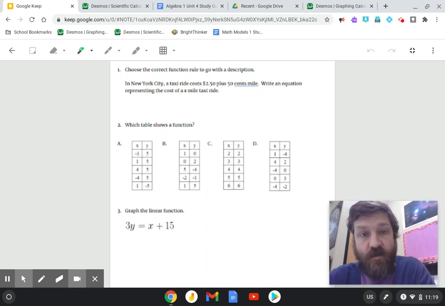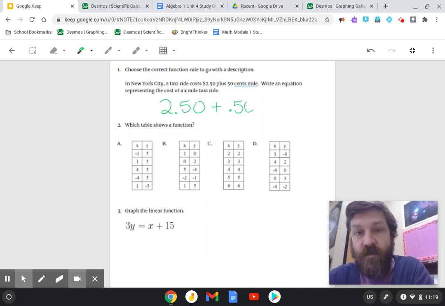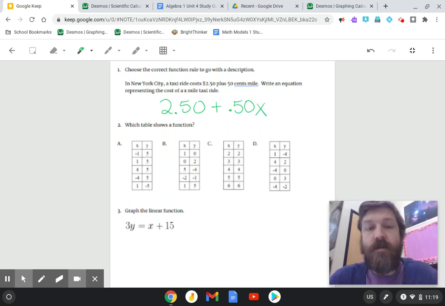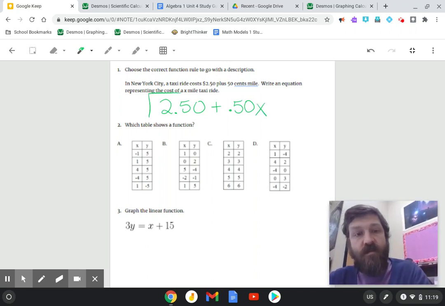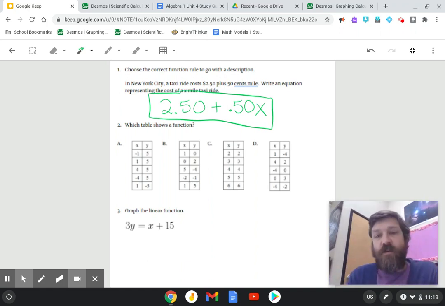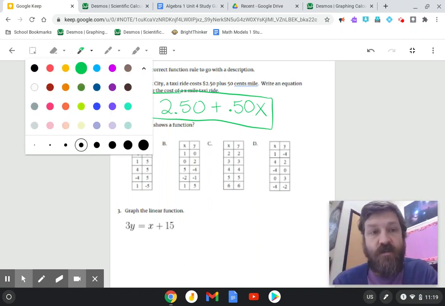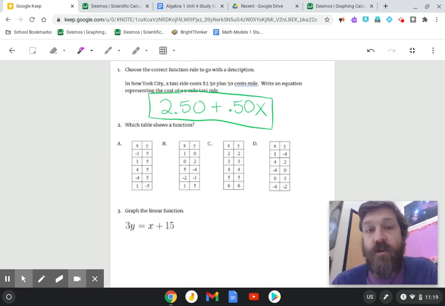So my equation should look like this: 2.50 plus 50 cents per mile times x. So this is the equation you're looking for. On these questions, really all I have to say is that you need to be reading carefully and making sure you understand whether it is an addition or subtraction, and then where the variable is going.